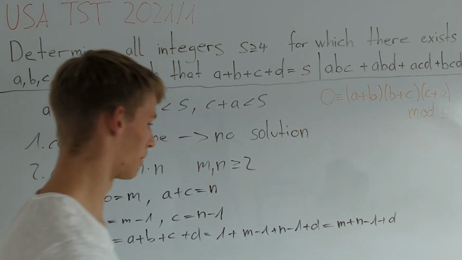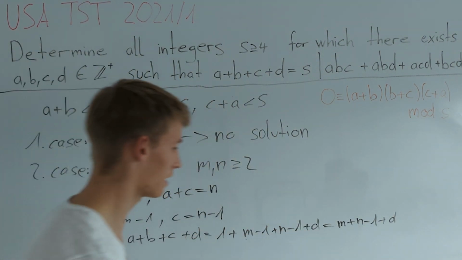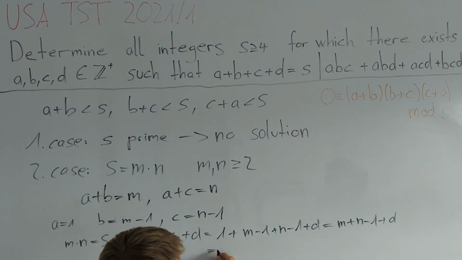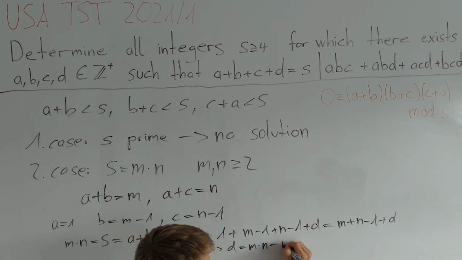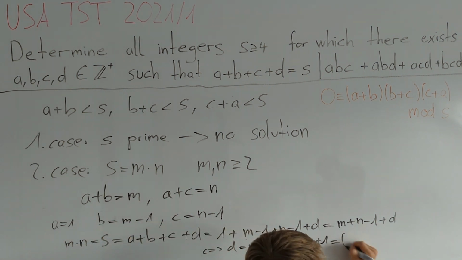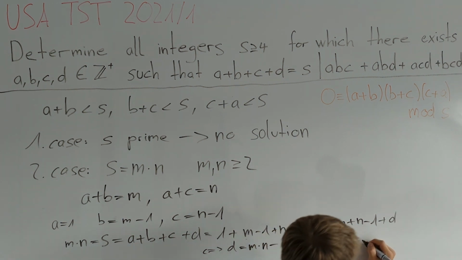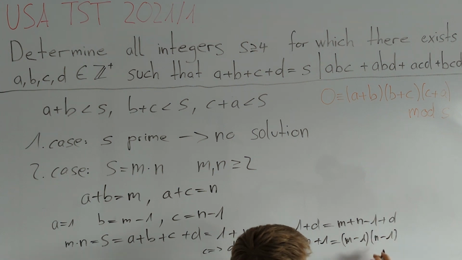From this, we can now bring m plus n minus 1 to the left hand side and get that d is equal to m times n minus m minus n plus 1. And here we can factor this as (m minus 1) times (n minus 1).